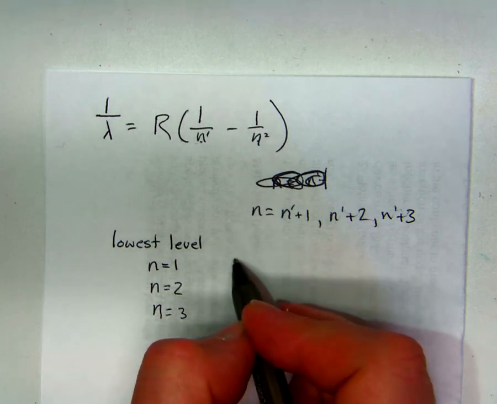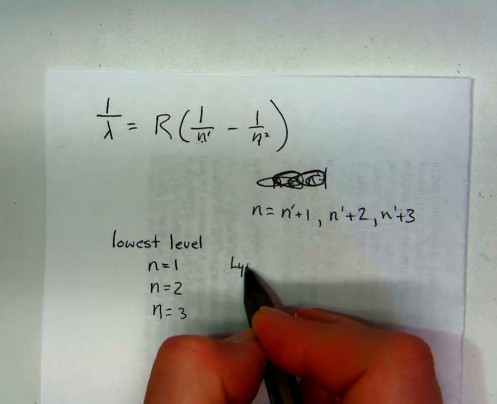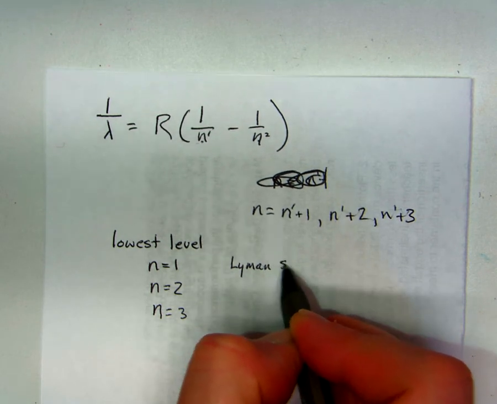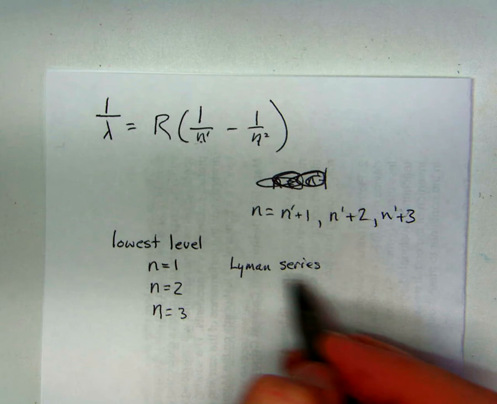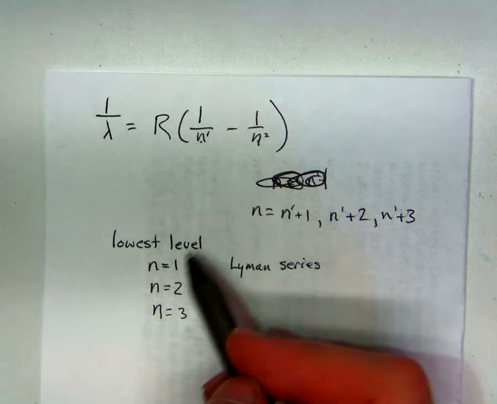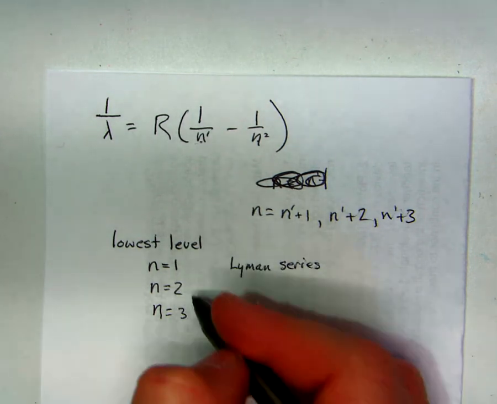So what they call the Lyman series are wavelengths of light where you're going from higher energy levels down to 1.